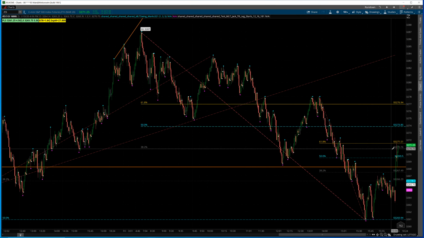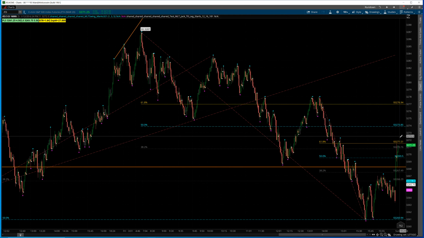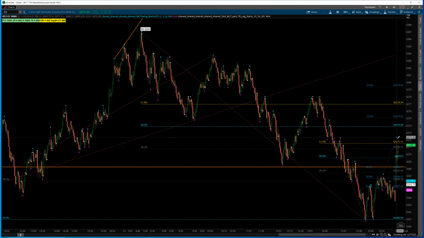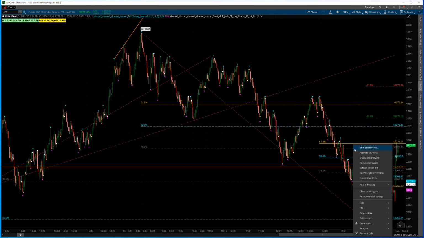If we break into this 61.8, call it just a 3272, and then pull back, what that would mean is that there was no new short setup and that this long setup is safer. Does that make sense? But if we go straight into 73.5, that's a short setup, and that could break the long setup. If we just pierce and then set up long, there's no short setup. There's just a long setup.